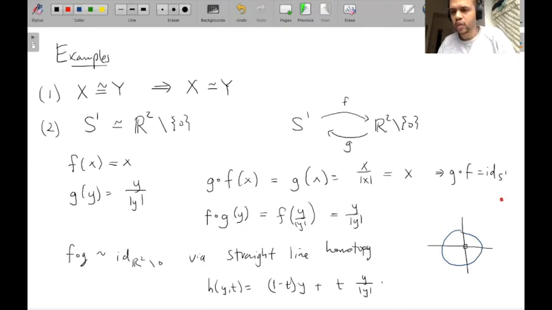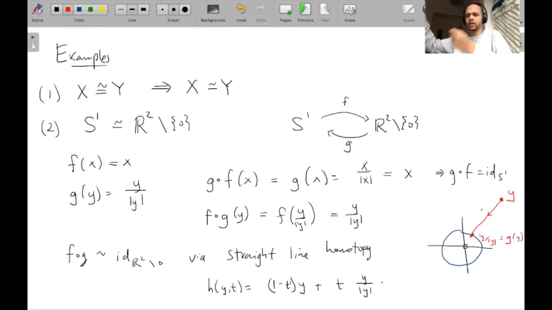Given some point Y, the projection G of Y is this point here, so Y over norm Y. And the straight line path between Y and G of Y, this is what the straight line homotopy does.